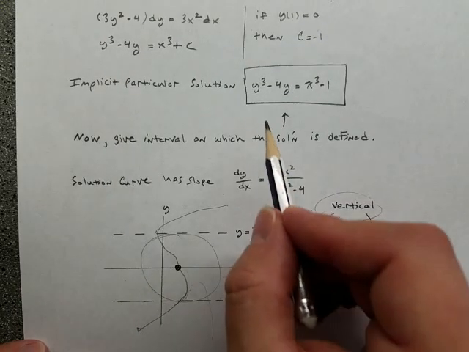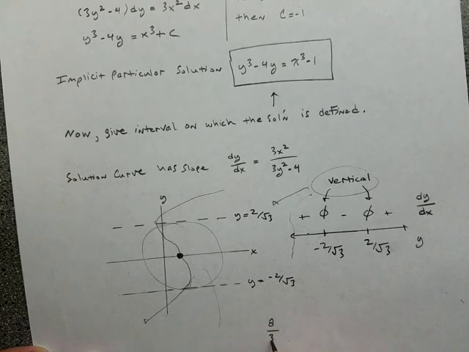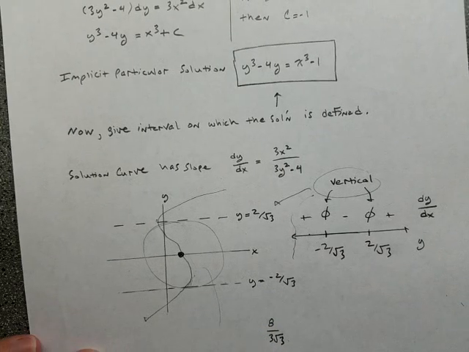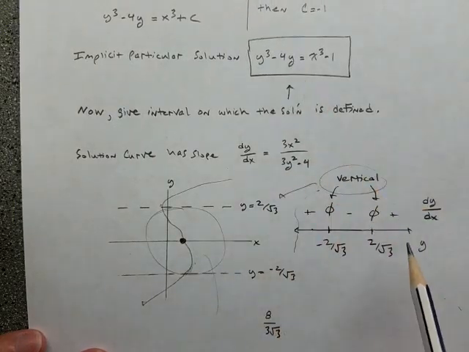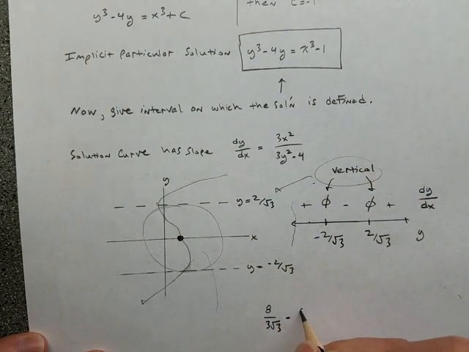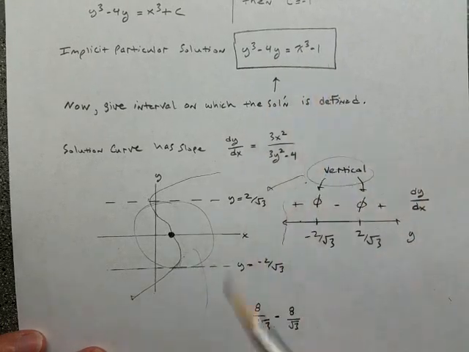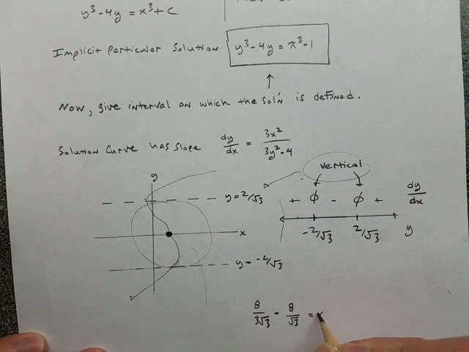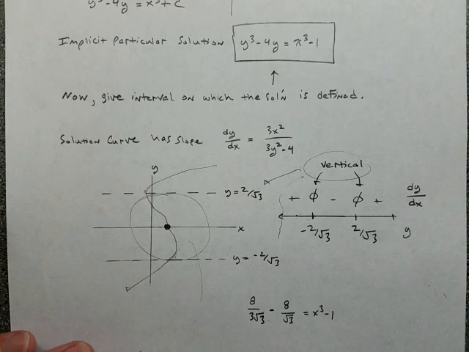So if I do that in here, I'll get 8 over 3 root 3, okay, minus, what's that going to be? 8 over root 3. Okay, and then equals x to the third power minus 1.